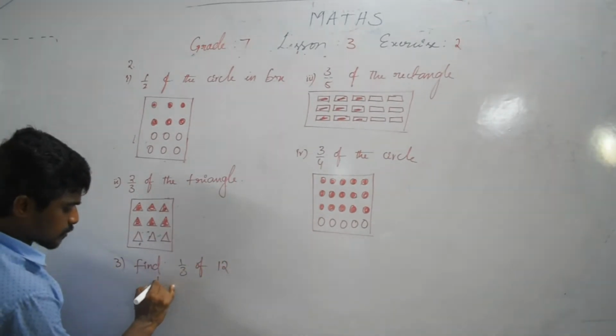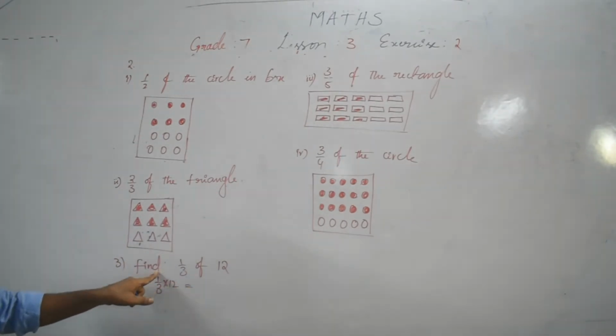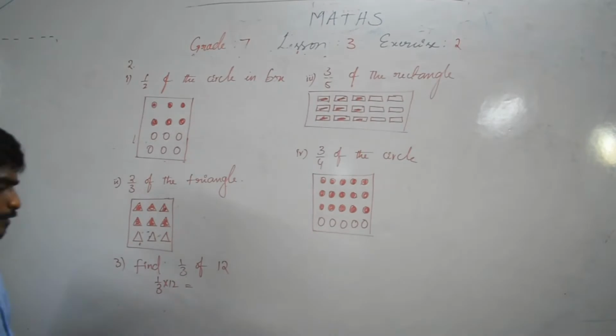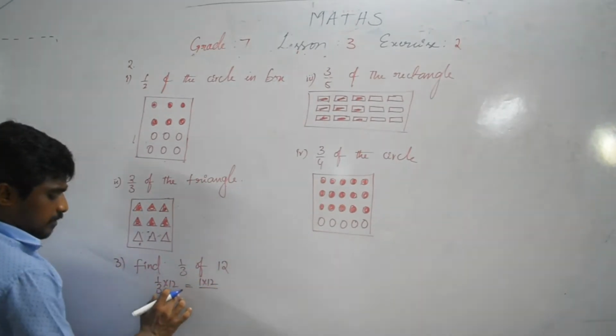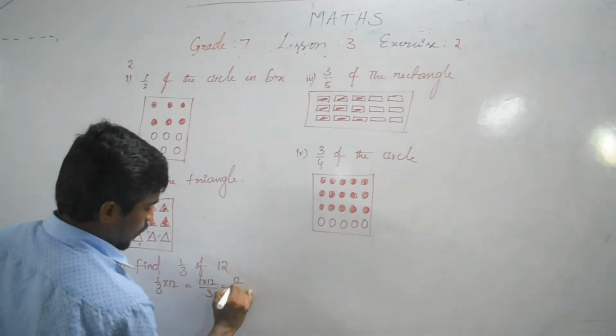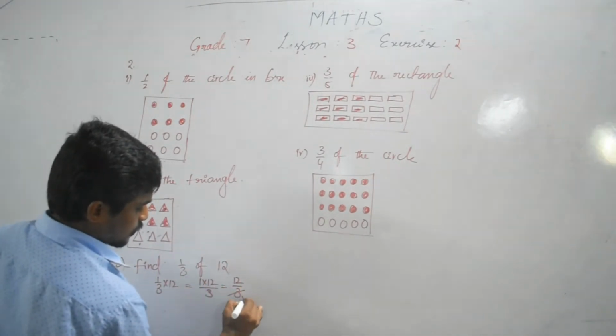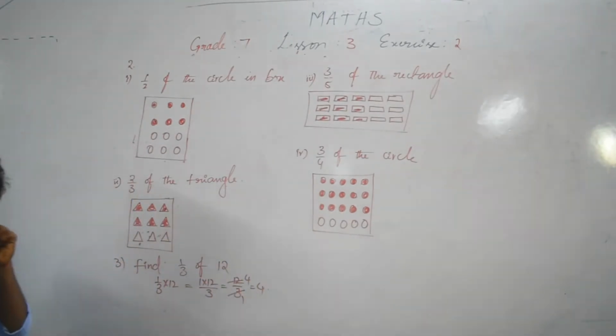So this means 1 by 3 times 12. So the numerators multiply, 1 times 12. Denominators multiply, 3. So 12 by 3. 3 1s are 3, 3 4s are 12, so the answer is 4.